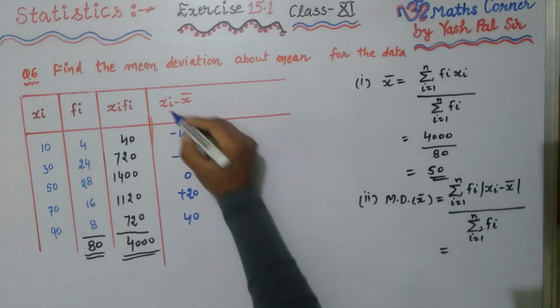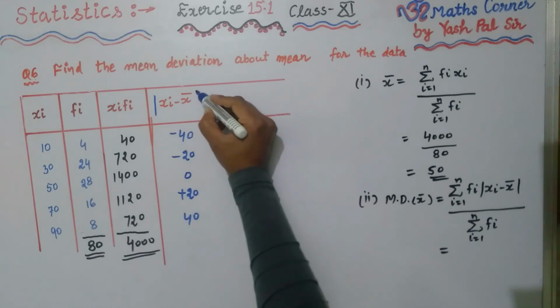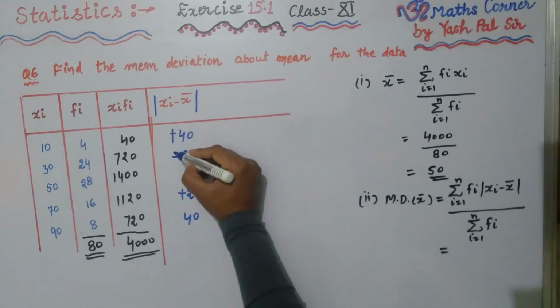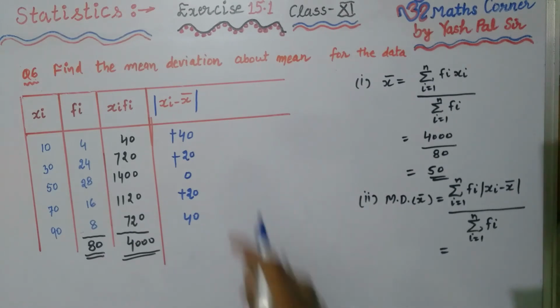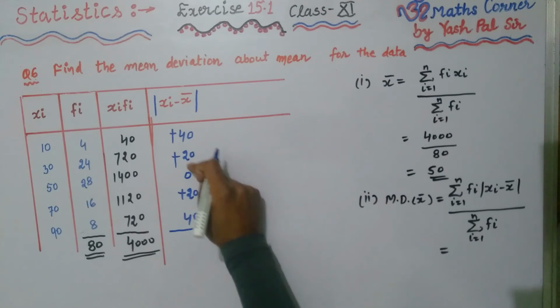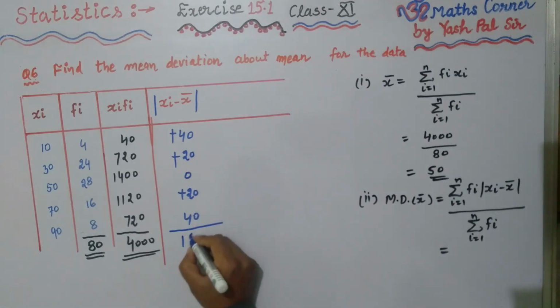Okay, now in the next step we take the modulus, that means negative terms will also become positive. Now we find the sum: 4 plus 2 is 6, 6 plus 2 is 8, 8 plus 8 is 16, so 160 is the summation of this. But this is not what we need.